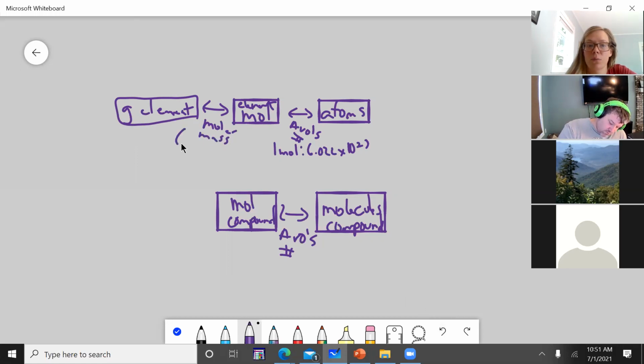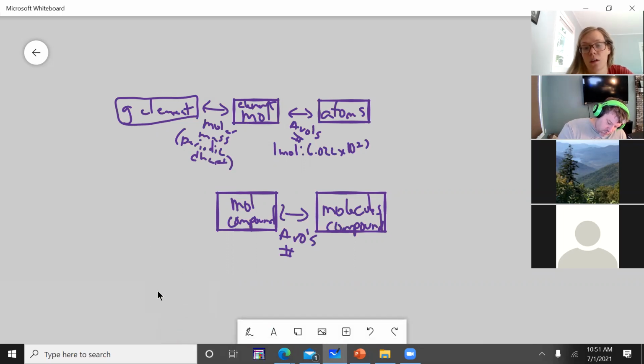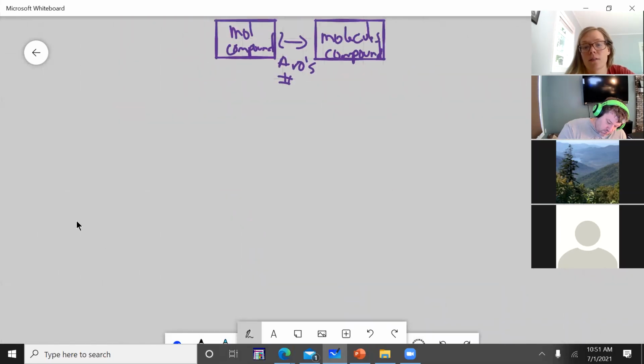And if you want to add here, you can put in parentheses off the periodic chart. Okay, so the molar mass, you're not going to come up with it out of thin air. We'll do one together and then I'll have you guys do one.